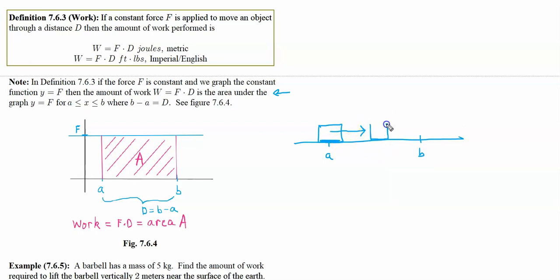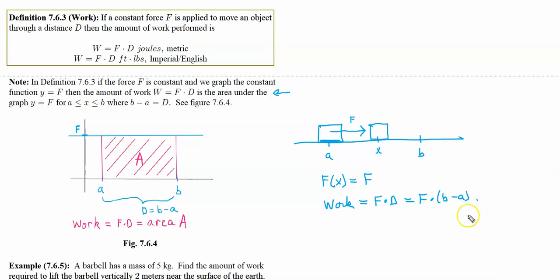So say the box, for example, is sitting here after we push a little bit, and say that's at position X. Now the force we push on this box with, call it F, that's going to be, in this picture, relatively constant. So F of X is going to be some constant number. Now we move it through a distance B minus A, so the work is going to be force times distance, and that is F times B minus A.